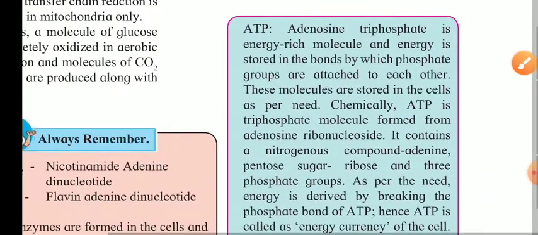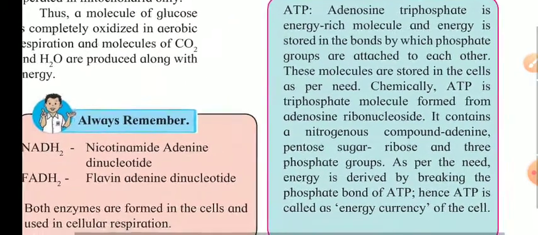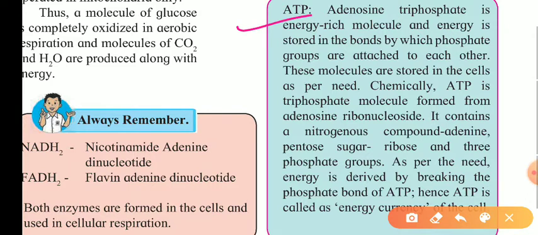Further, they have given information that ATP, adenosine triphosphate, is an energy rich molecule, and energy is stored in the bonds by which phosphate groups are attached to each other. These molecules are stored in the cells as per need. Chemically, ATP is a triphosphate molecule formed from adenosine ribonucleotide.